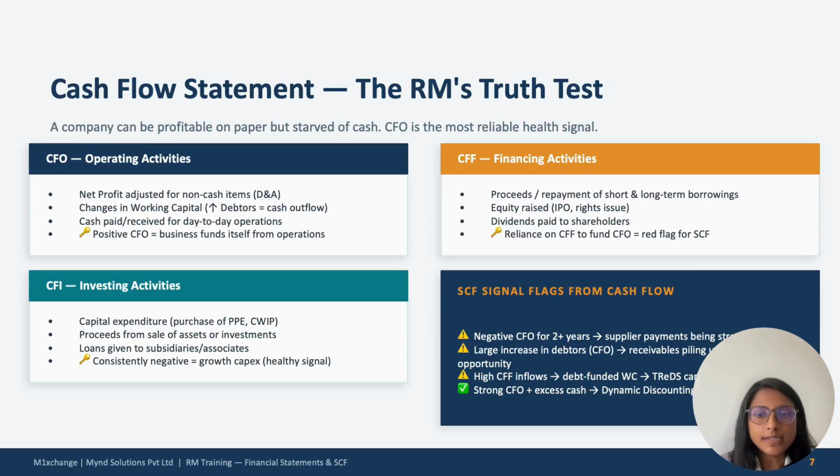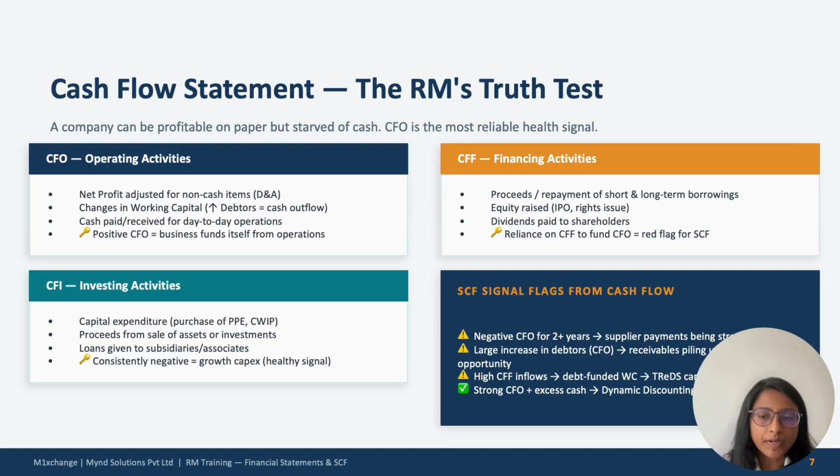Now what is the key signal? If my CFO is positive, which means the business funds itself from operations, that is the healthiest thing you can see. Now the next is my cash flow from investing.